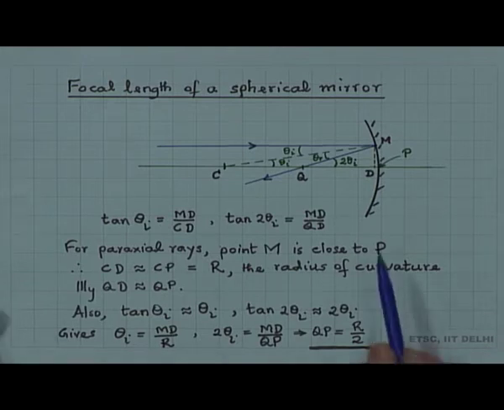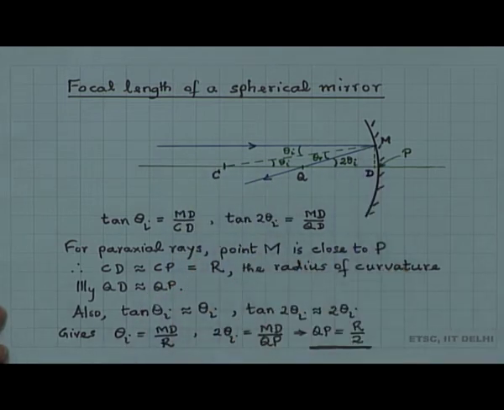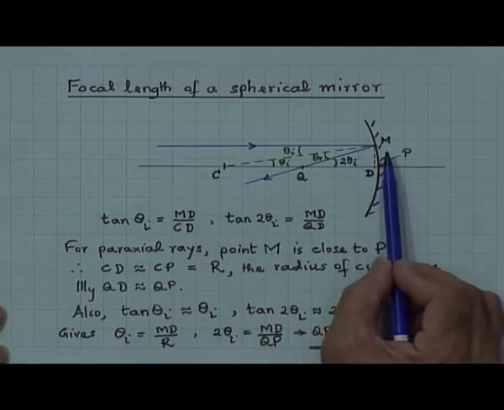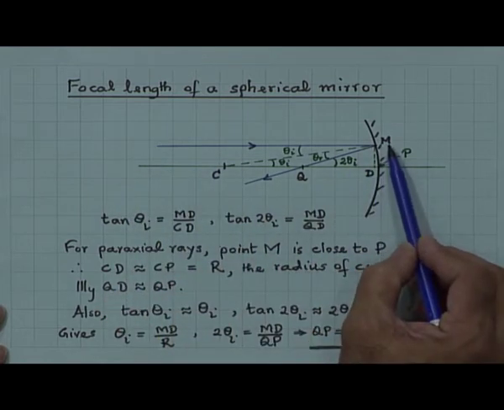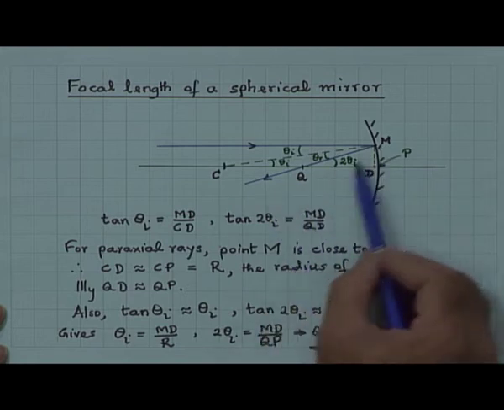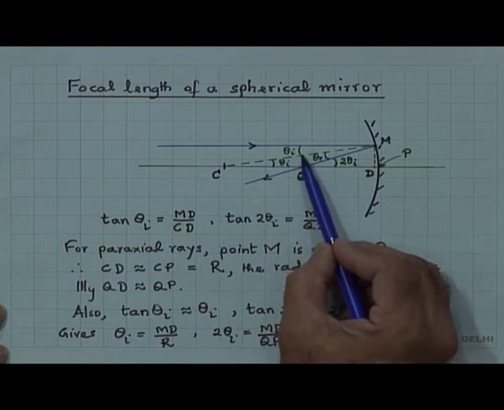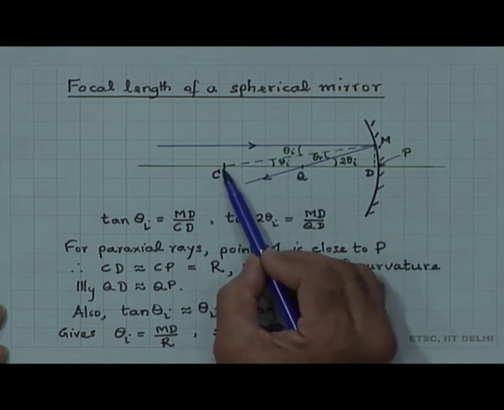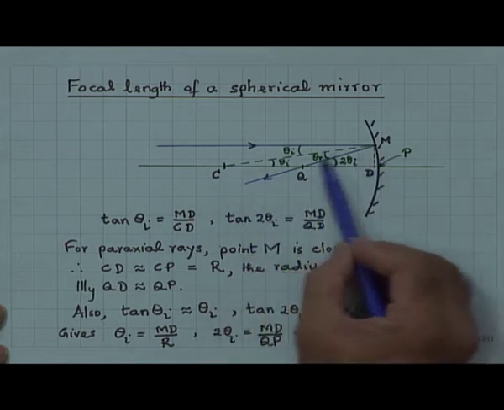So, we have considered incidence of a parallel ray of light, a paraxial ray, at the point of incidence m. The reflected ray will follow a direction such that the angle of incidence, the center of curvature joined to the point m gives us the normal.